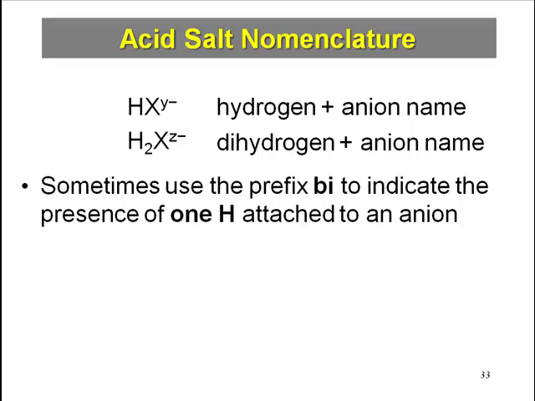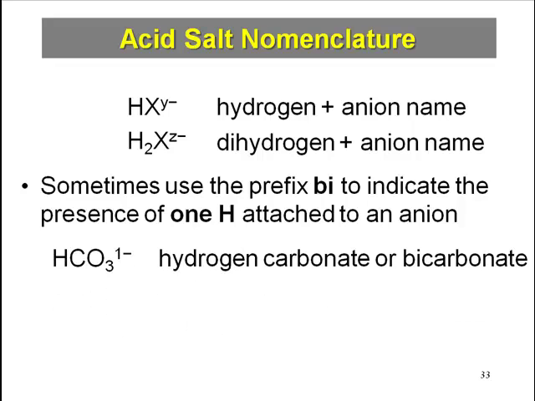Sometimes the prefix bi is used to indicate the presence of one H attached to an anion, like hydrogen carbonate or bicarbonate. That's why it has the name it does. The normal nomenclature is hydrogen carbonate, but it is most commonly referred to as bicarbonate. And sodium bicarbonate is what is found in baking soda.